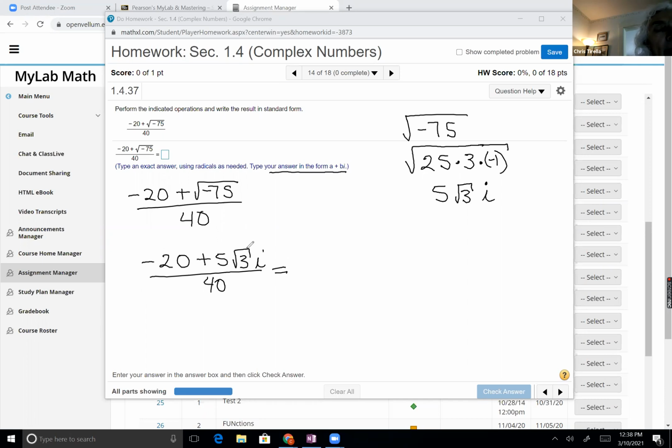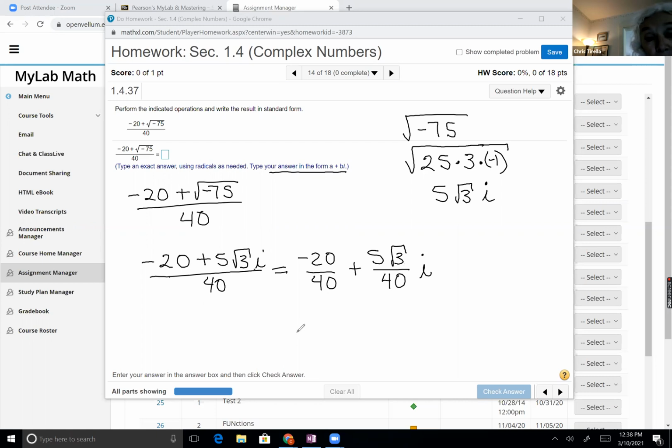Complex numbers to some extent behave a little like polynomials; i behaves like a variable, but we never leave an exponent on it. So I'm going to put each term separately over the 40, since they're both being divided by 40. I'll put the numeric coefficient over 40 and write the i off to the side.